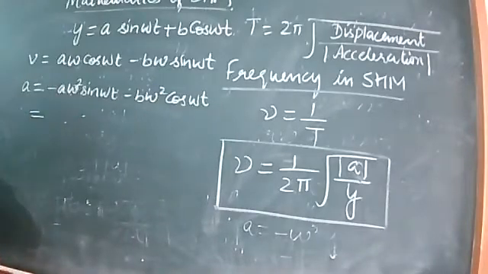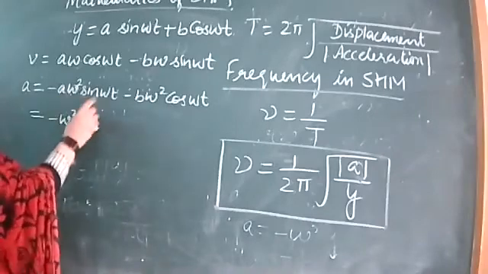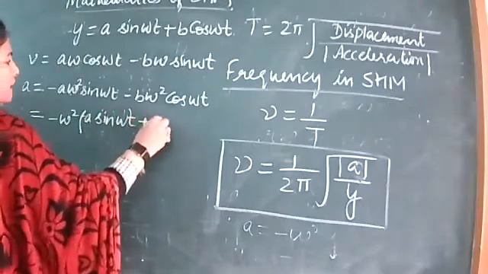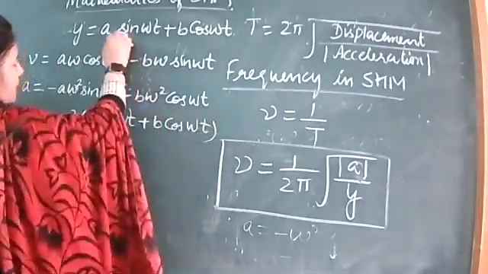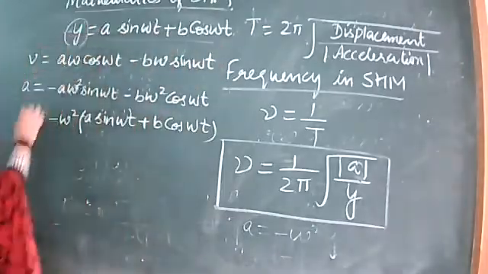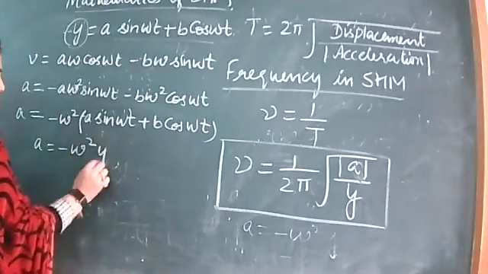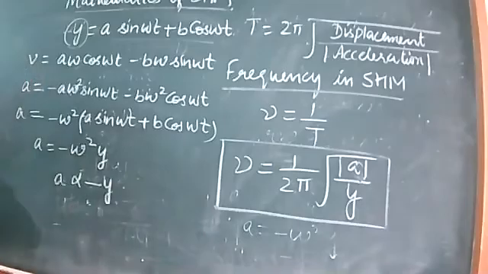Now, if you take minus omega square common, what you are left with inside? a sin omega t plus b cos omega t. So this term in the bracket is y. So that means we can write acceleration is minus omega square y, or acceleration is proportional to negative of displacement.